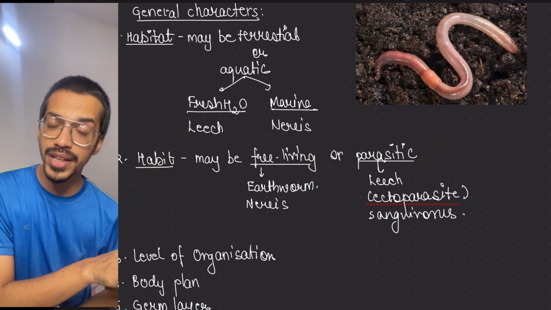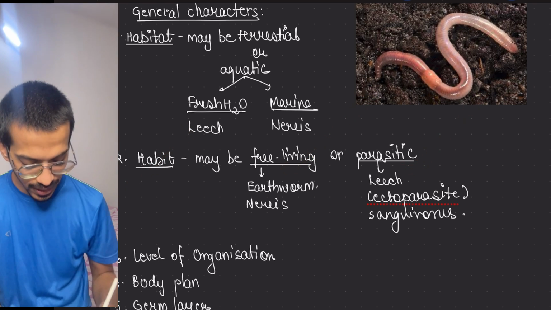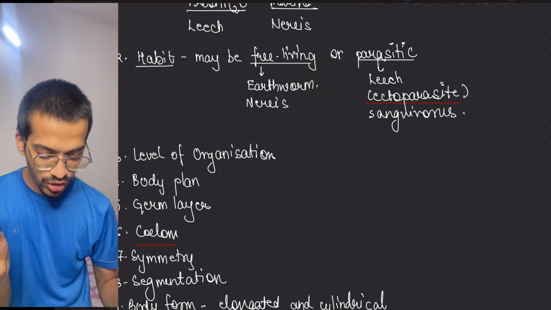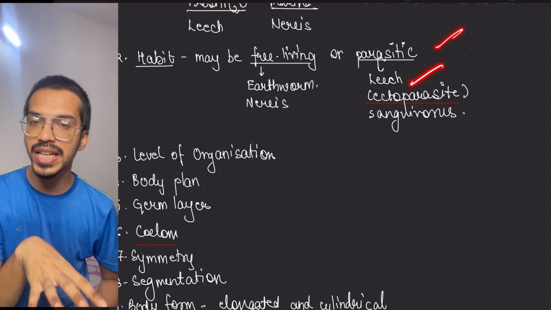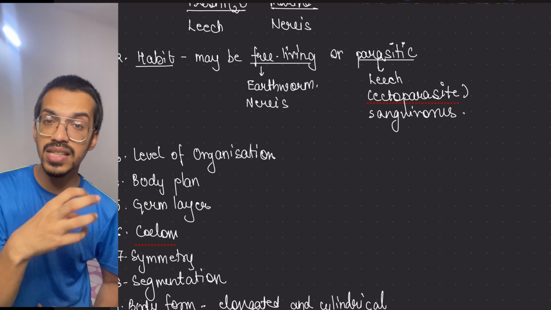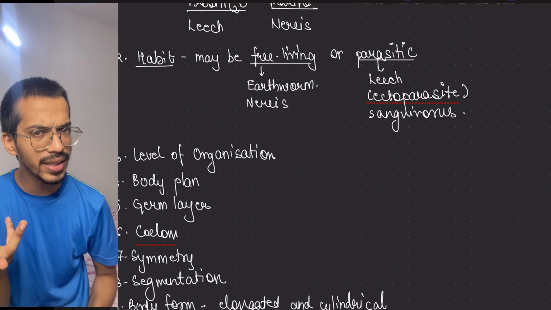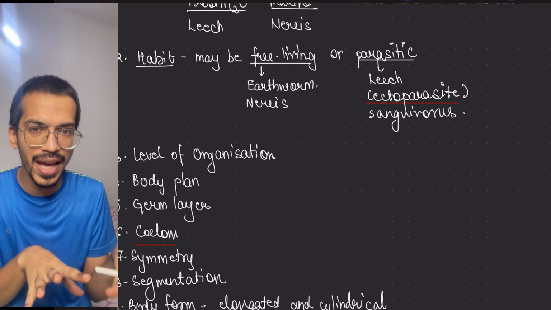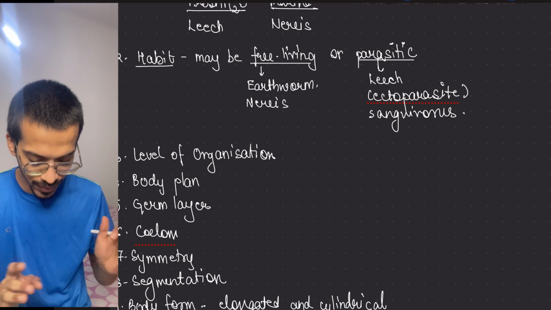The earthworm and nereis are the free living ones. But the leech is an ectoparasite, sanguivore. Sanguivore means blood feeder, it sucks the blood of the animal. You know about the leech, right? Earthworm also, I have shown you the diagram of the earthworm also.